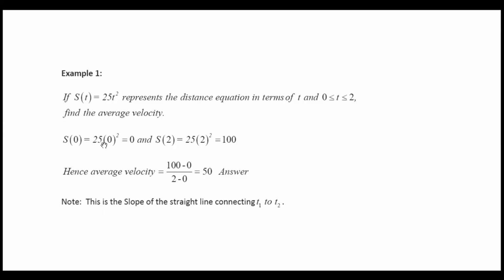S of 0 is 25 times 0 squared, or 0, over the change in time, which is 2 minus 0. So this is 100 over 2, or 50. And this is your average velocity. And this is also the slope of the line connecting the beginning point with the terminal point on this graph. We'll look at the graph of this in a bit. So that's your average velocity.